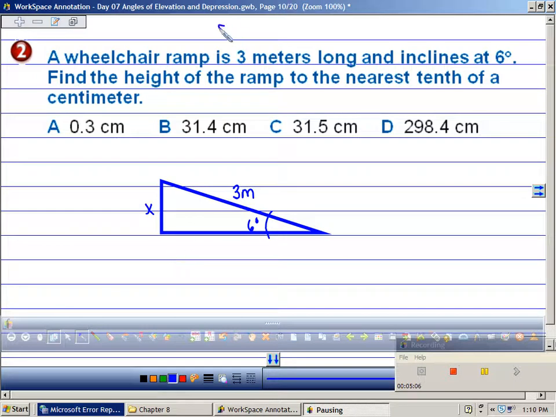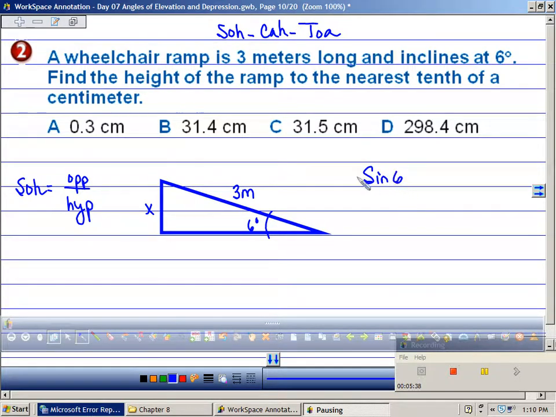So, SOH CAH TOA. Well, which one did they give us? Here's the angle. They gave us the opposite and the hypotenuse, which would be not cos. So, opposite hypotenuse deals with the sine function. I know the angle. What's the angle?